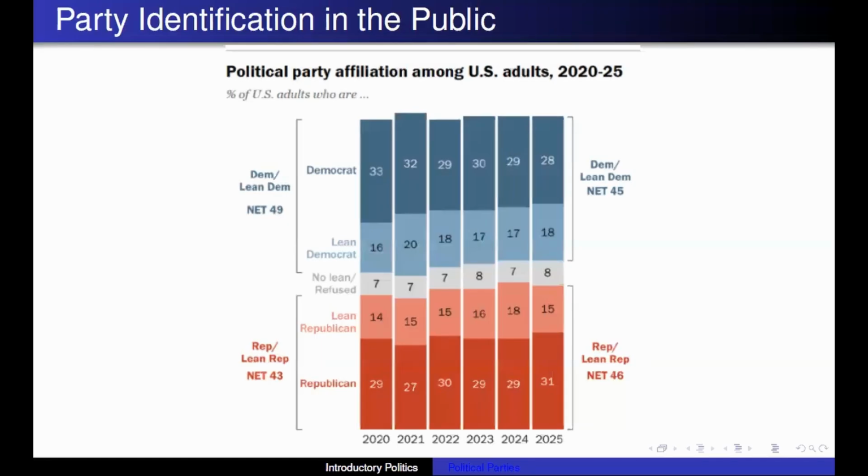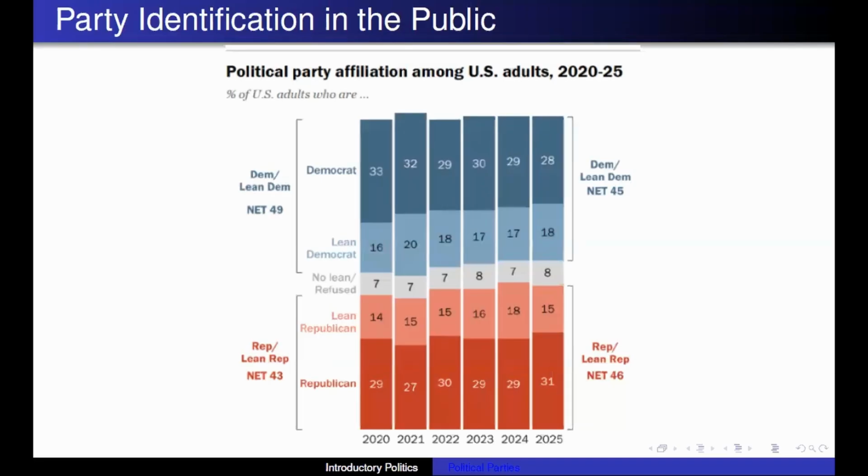However, the closer we got to 2025, including the years of 2024 and 2025, we see that this has kind of flipped. More of the country identifies as Republican than they used to. Now, Republicans do have a bit of an advantage here, where the data says that about 46% of the country is Republican and about 45% of the country would affiliate with the Democrats.